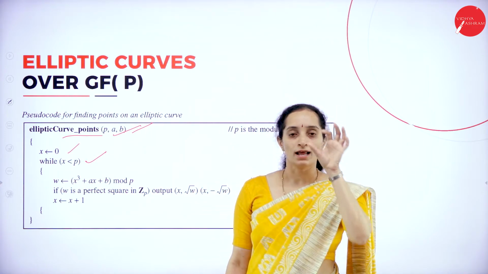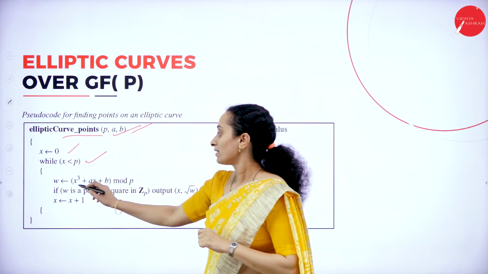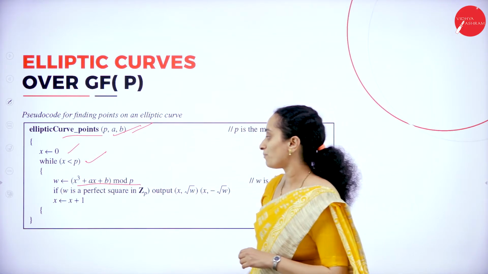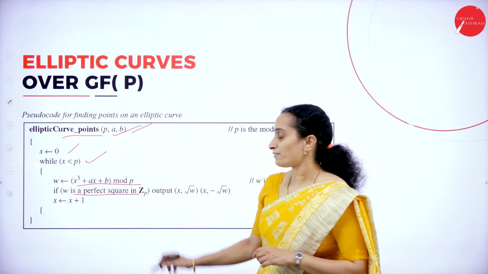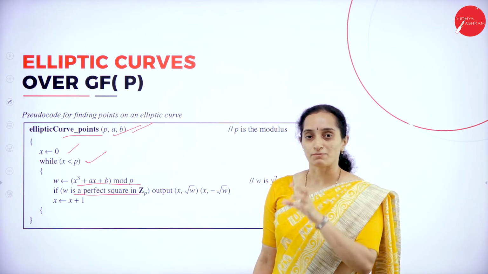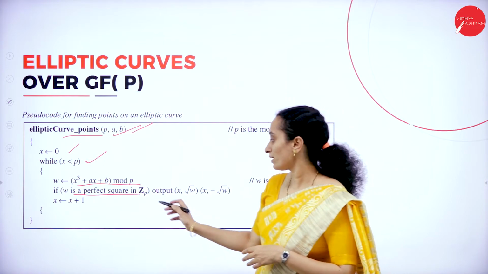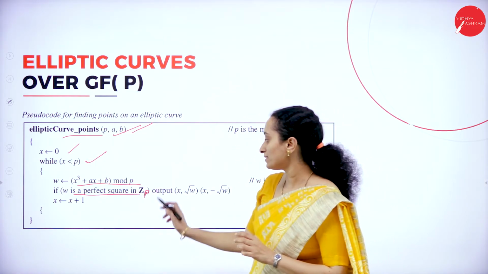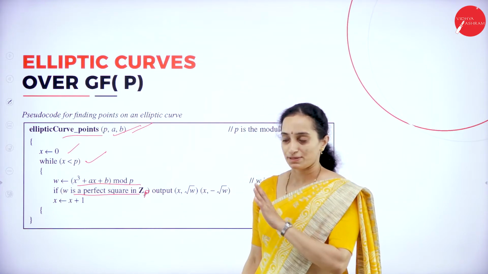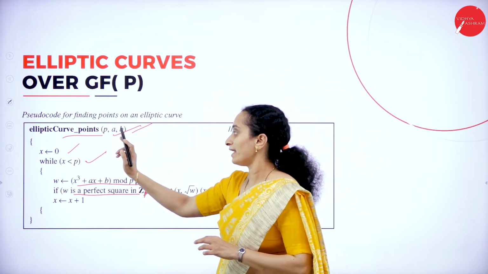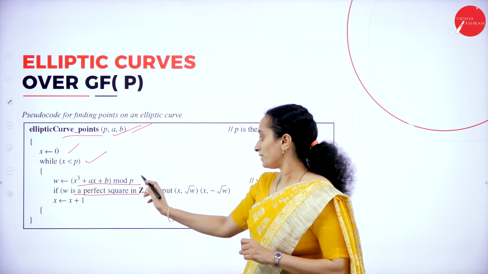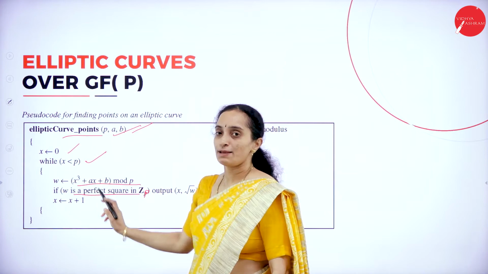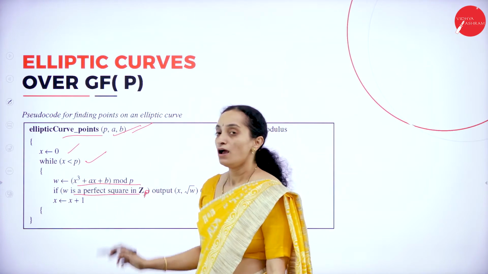P is a point on x and y direction. So we will be calculating the intermediate value w. If w is a perfect square in Zp, Zp is the set of primes. Okay, p stands for primes. Zp is the set of primes with p as the modulus, along with a and b. What you have to do is x cubed plus ax plus b mod p.